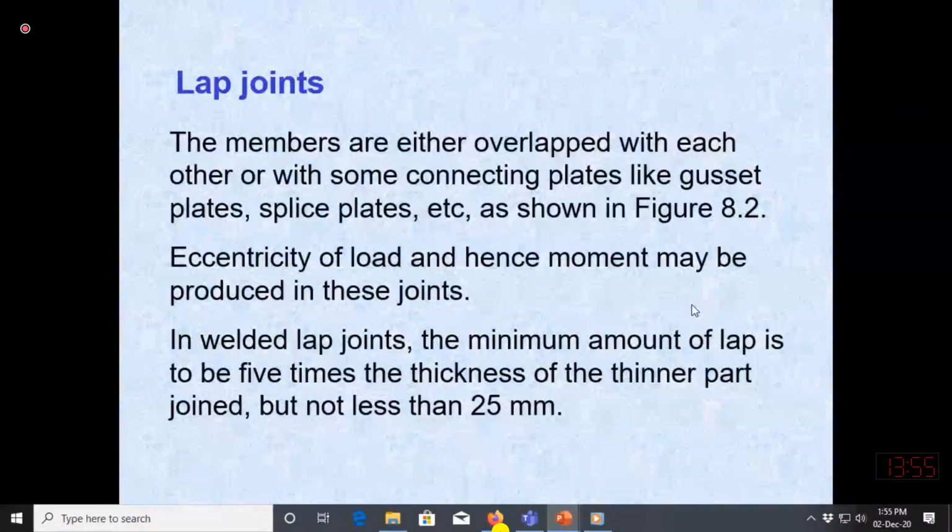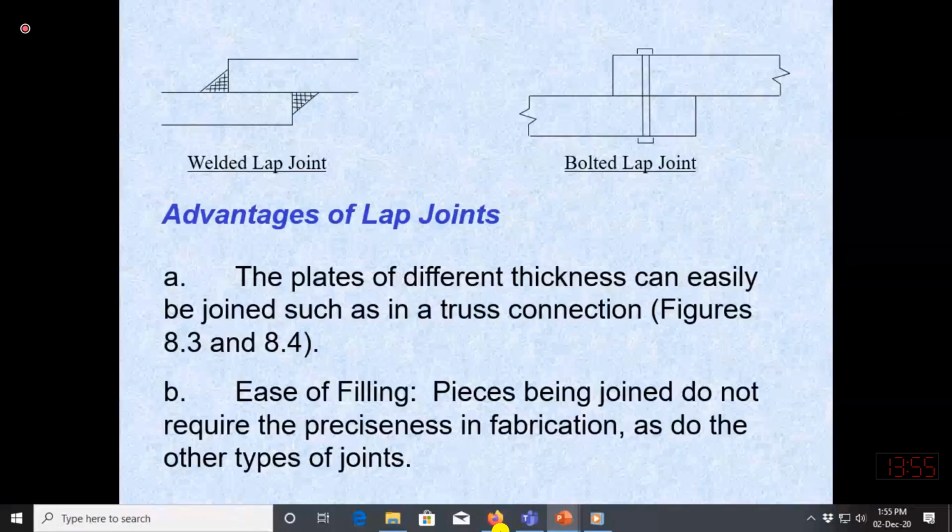The second type of joint is called lap or overlap, where the members are not directly placed side by side or opposite to each other, so their centre lines do not meet. The centre line of this member will be over here, and that of this member over here. They may be connected with weld at the side, or with fasteners.